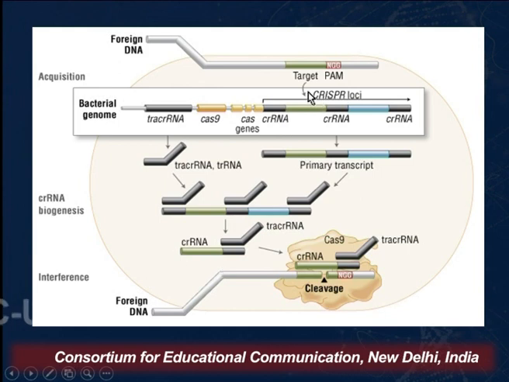Now in the natural system, these kind of spacers are naturally lying because of some kind of an infection or exposure to the exogenous DNA previously, but we can manipulate it because we can artificially synthesize these spacer molecules, making them homologous to any target region that we want to target.